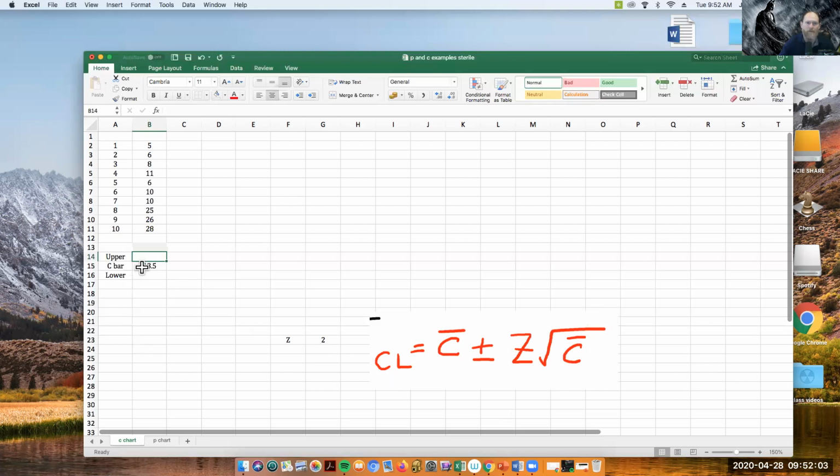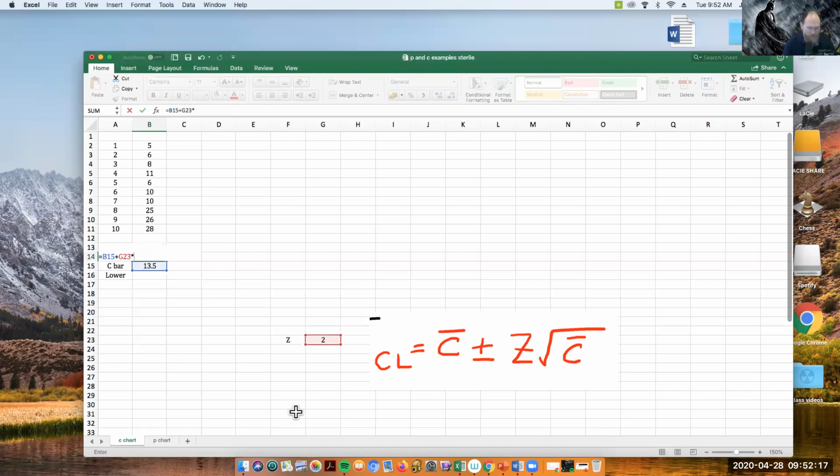So I'm going to grab that C bar, which is the cell below. I'm going to add it because I'm doing the upper one. I'm going to reference my Z, which is 2. And I'm going to do it times the square root of B15.